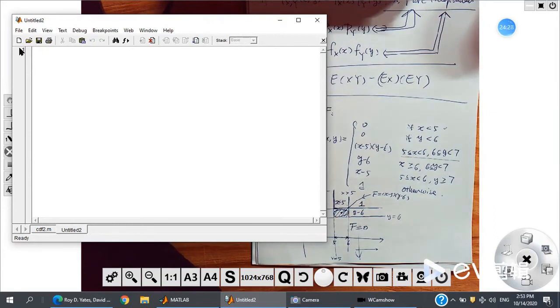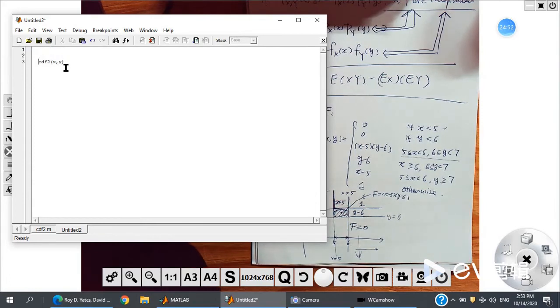Just click this one and make a new M file. Now I have a new M file. This file just uses that CDF2 of x and y. But what is x? What is y? I need to give x, y first.